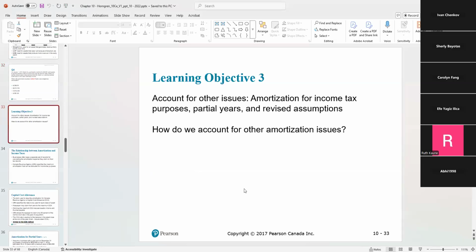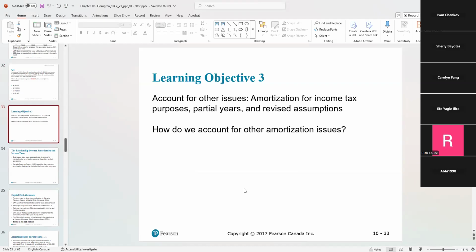So now we know how to estimate the cost of the asset. Now we know how to calculate the amortization. Let's see another implication. What will be the amortization for income tax purposes? What if we have a half year or partial year?